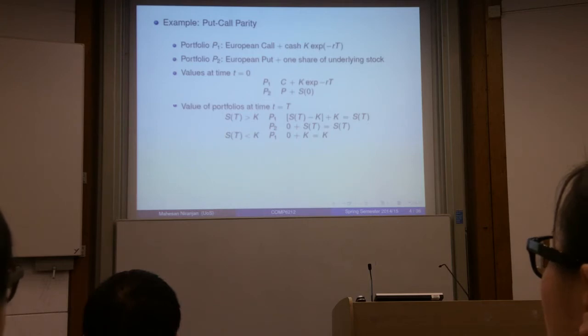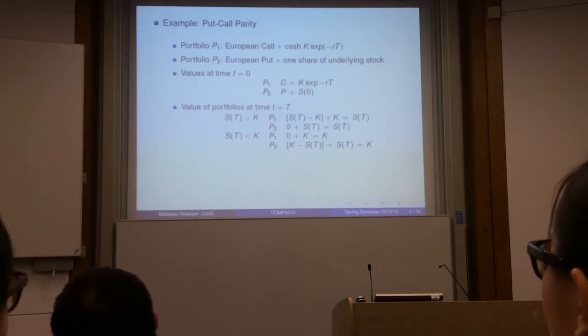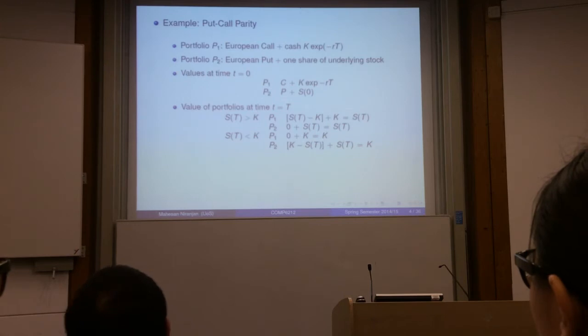Similarly, if it is smaller than the strike price, then in P1 the call option is worthless. I have K money, so that's the value of the portfolio I have. In the second portfolio, I will make this much money because the price has gone down. And I hold the underlying stock, so again the value is K.